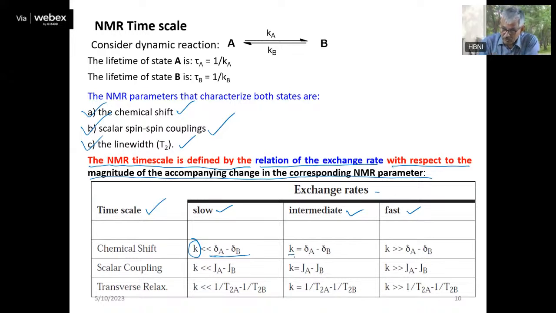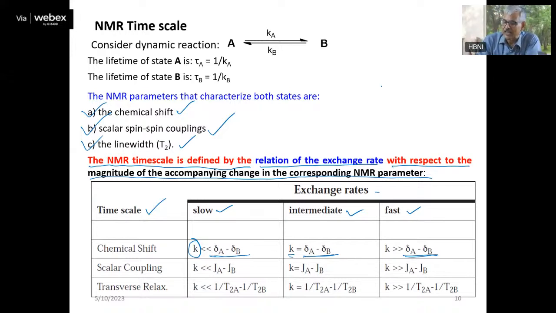If the rate constant is more or less equal to the delta nu, we call this intermediate. And if the rate constant is much more than the delta nu, we call it fast. That is what we have seen with the conformational changes. Our rate constants are very high, 10 to the power 9 per second. So they are very high.